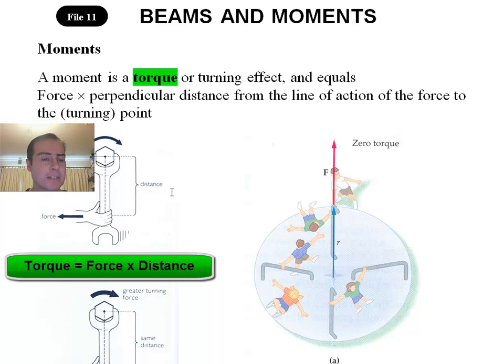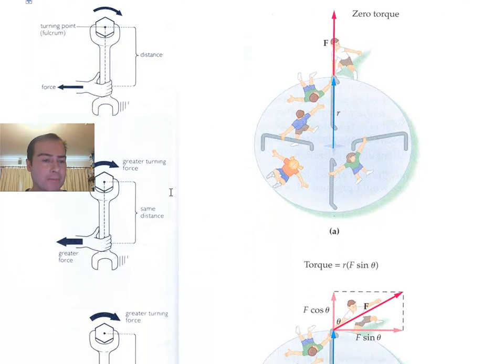If we now consider a second diagram where the distance is the same but the force is greater, then it's not too much of a conceptual leap, it's not too hard to understand that the rotational effect will also be greater, again shown by a thicker arrow than in the first diagram.